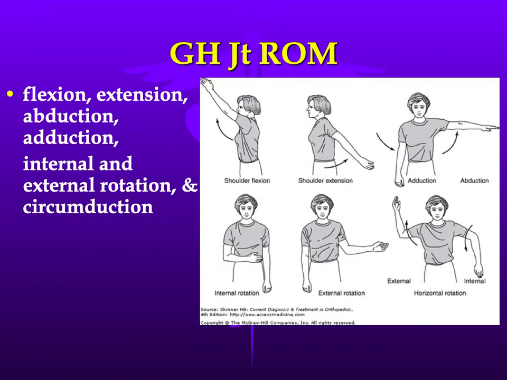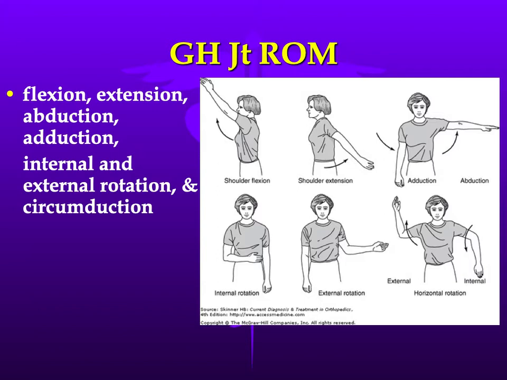So here are the different ranges of motion within our shoulder, our glenohumeral joint. We have shoulder flexion, shoulder extension, shoulder abduction, which means we're taking it away from our body, and shoulder adduction, bringing the arm back towards our body. Internal and external rotation: the arm is bent 90 degrees and we rotate it inwards and outwards.